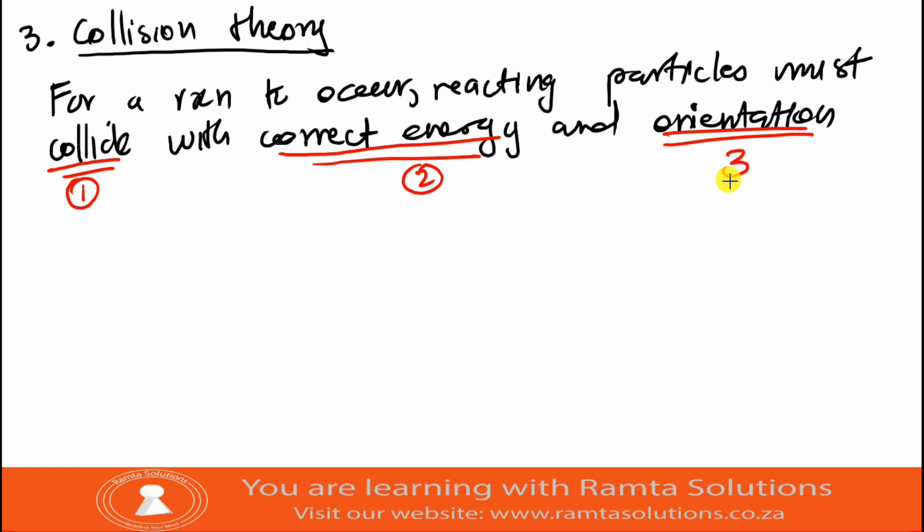So these are 3 conditions: for a reaction to occur, reacting particles must collide with correct energy and the correct orientation. So what is happening is this. Here's a tip that I'm going to give you.